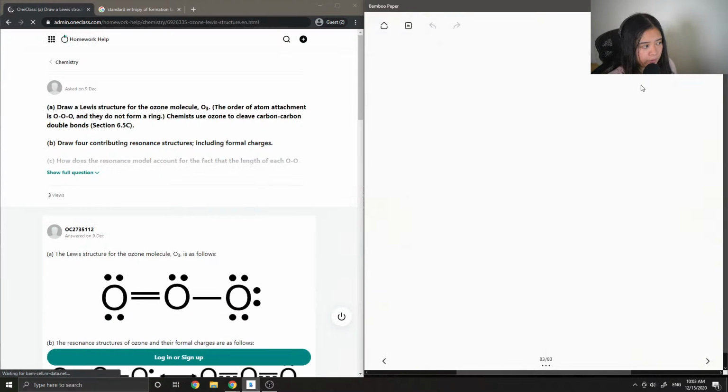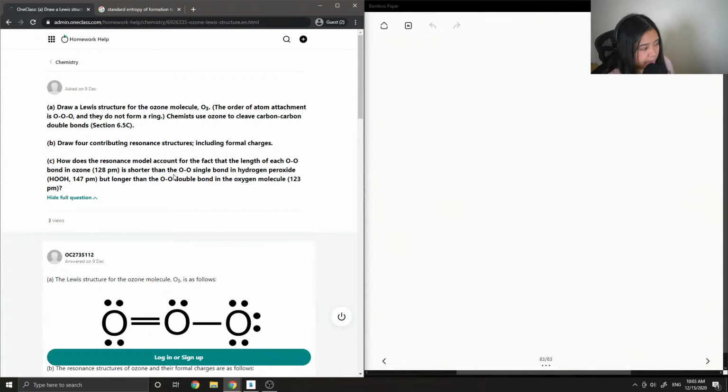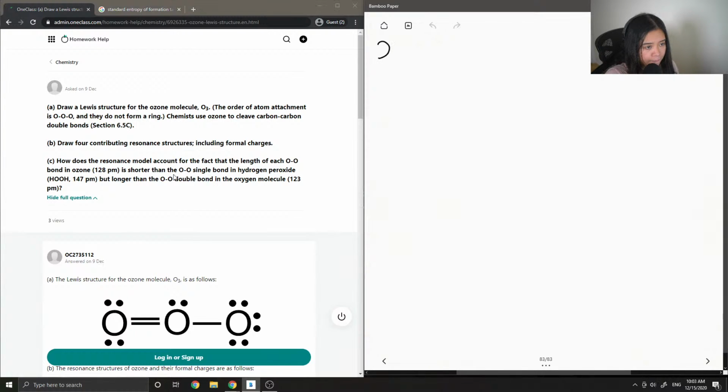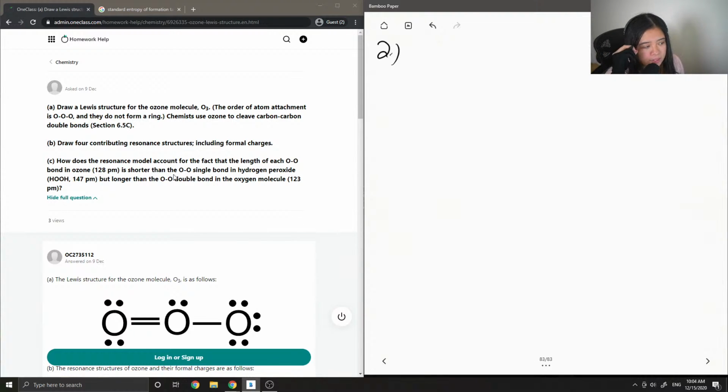Okay, so now we can move on to question number 2. Part A says to draw a Lewis structure for the ozone molecule O3. The order of atom attachment is O, O, O, and they do not form a ring. So they just gave a little hint. Chemists used ozone to cleave carbon-carbon double bonds.